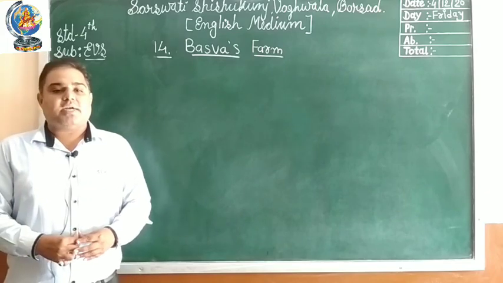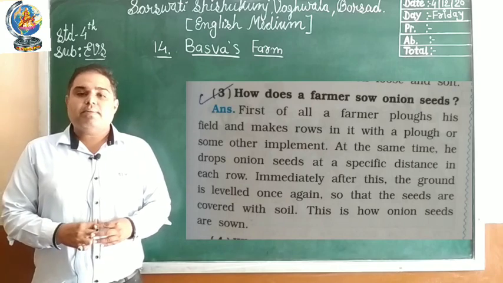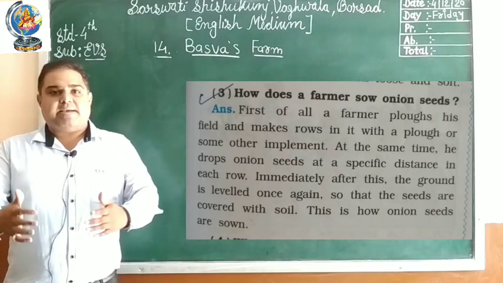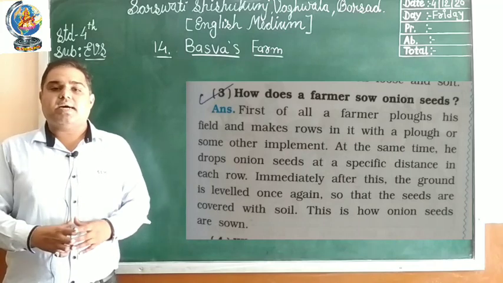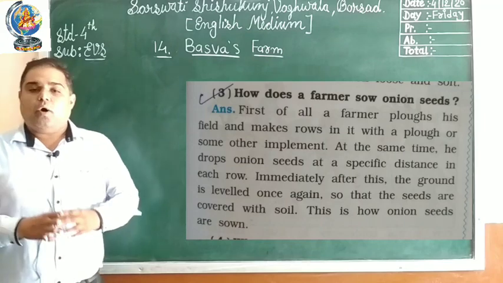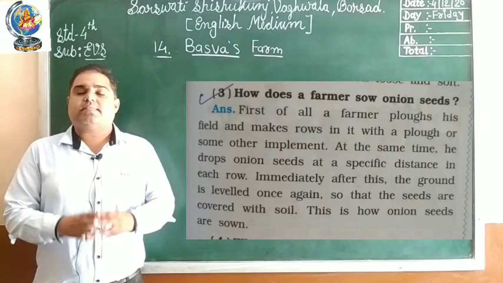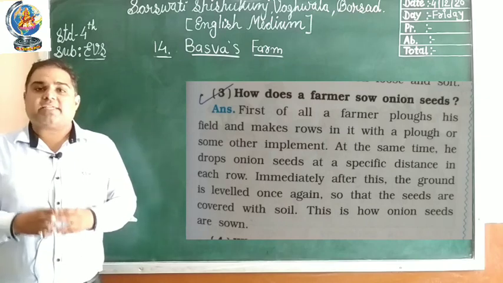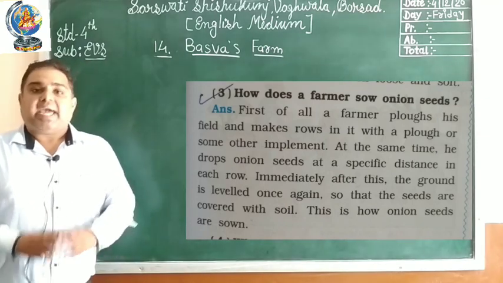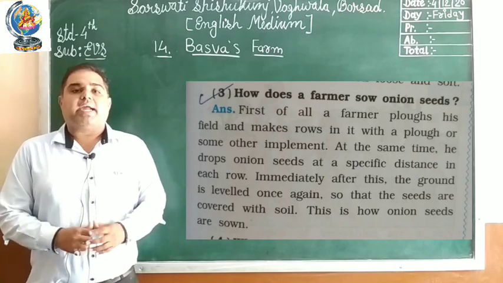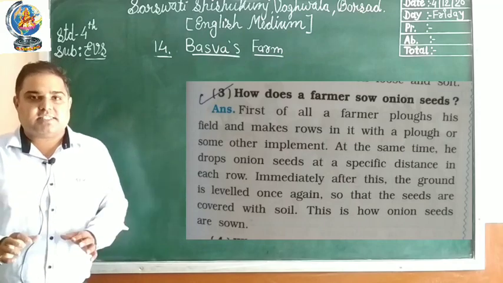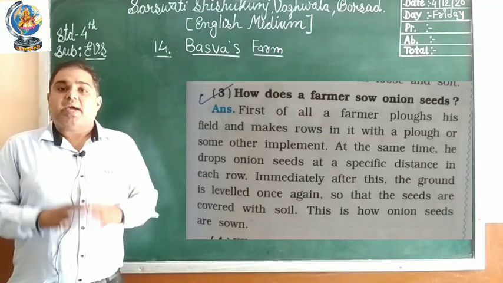Then the third question is: how does a farmer sow onion seeds? So which are the steps for growing onion seeds? The answer is, first of all, a farmer plows his field and makes rows in it with a plow or some other implement. At the same time, he drops onion seeds at a specific distance in each row.